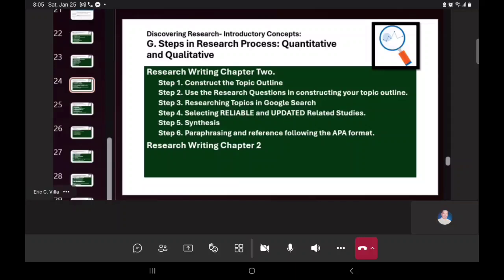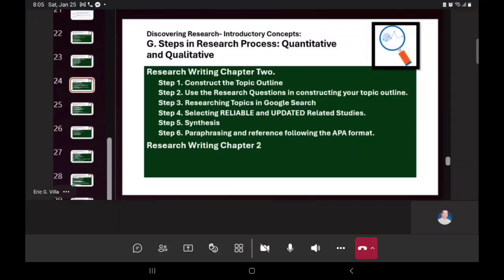Documentation phase. This is the final step, wherein it involves the technical aspect of research writing, focusing on proper paraphrasing and APA formatting.